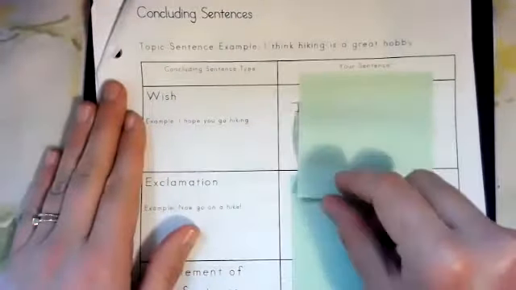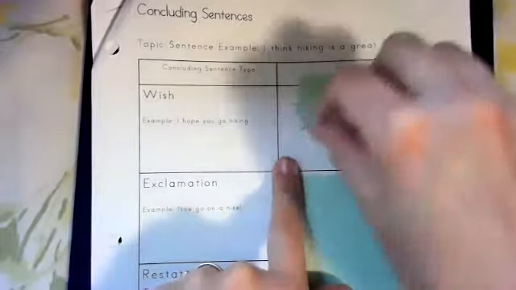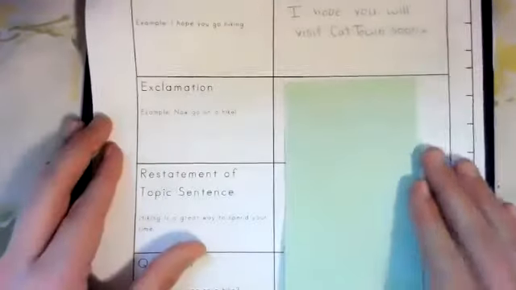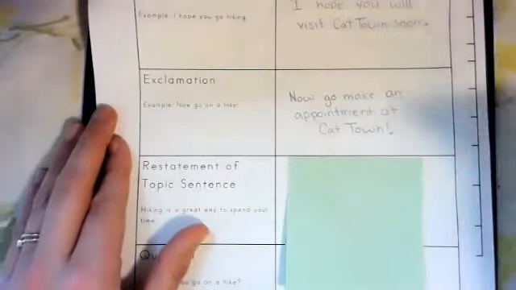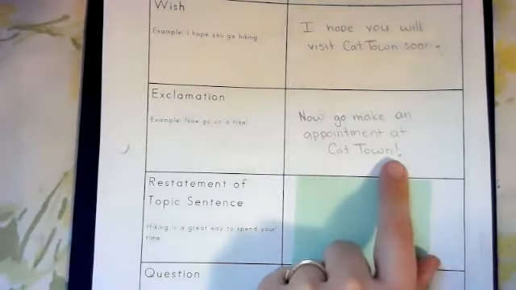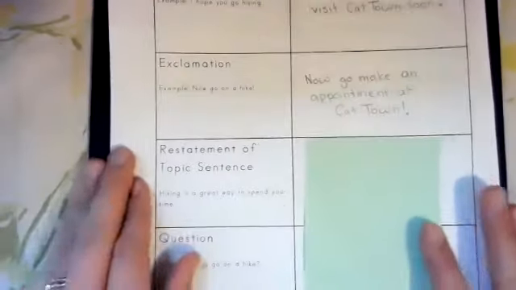Okay, so for my wish, that matches my topic sentence, I wrote, I hope you will visit Cattown soon. For my exclamation, I wrote, now go make an appointment at Cattown. Remember, an exclamation is showing it's exciting. It's like I'm trying to get them to do it right away.